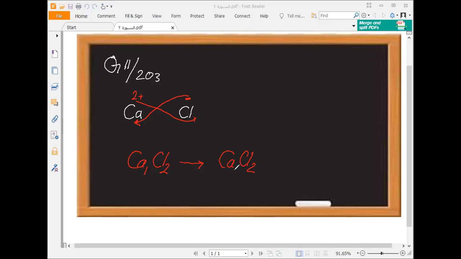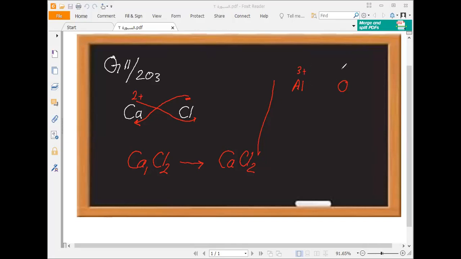This is another way to write a chemical formula. For example, if I want to write a chemical formula for aluminum and oxygen, the charge for aluminum is +3, right?